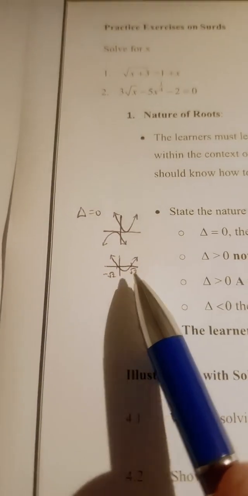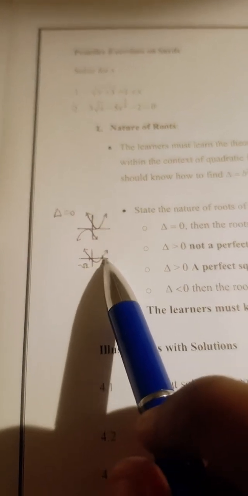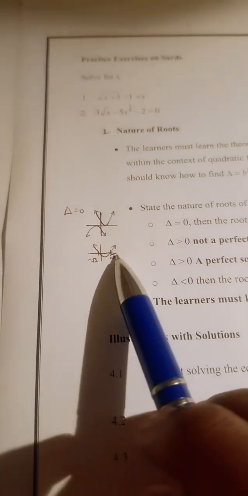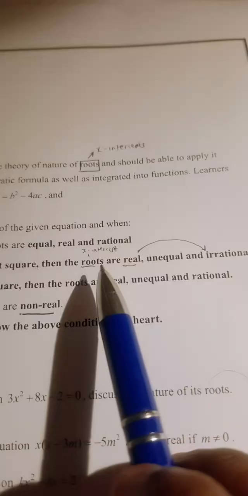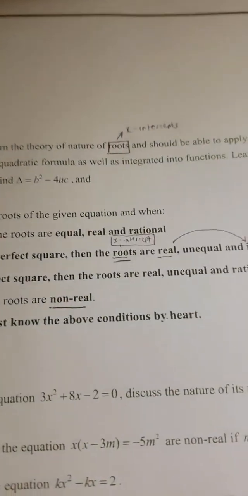If you were to see the roots, you would see two x-intercepts, but both of them would be irrational numbers. Square root of 3 is an irrational number. Negative square root of 2 is also an irrational number. In other words, the roots are irrational. Because remember, roots and x-intercepts are one and the same thing.